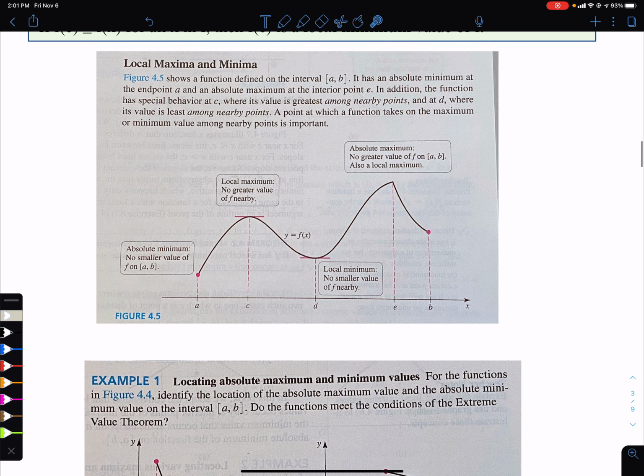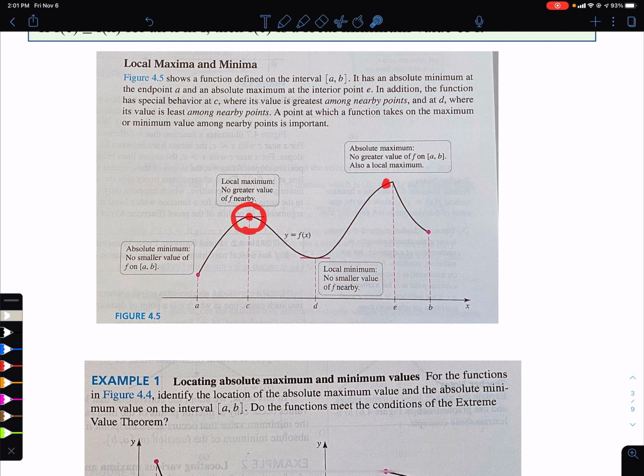So this point right here, if you look at it, is it a relative minimum? Well, let's do the other points first. Right there, that point, we would say it's a local maximum because in its area, it's the biggest point. And some might say, but it's bigger over here. But that's the idea of a local or relative maximum.